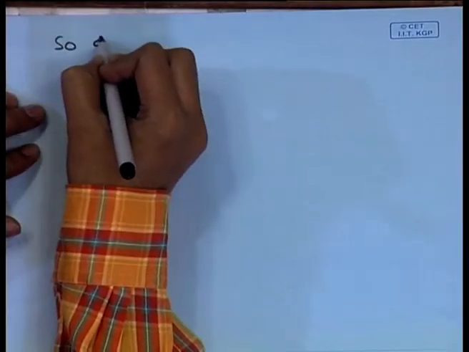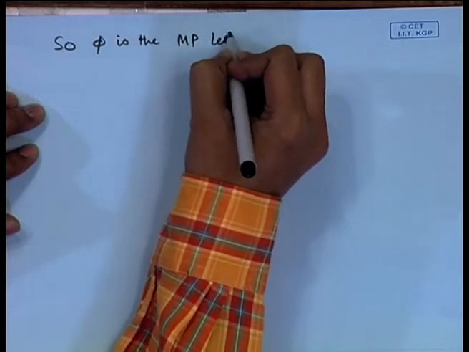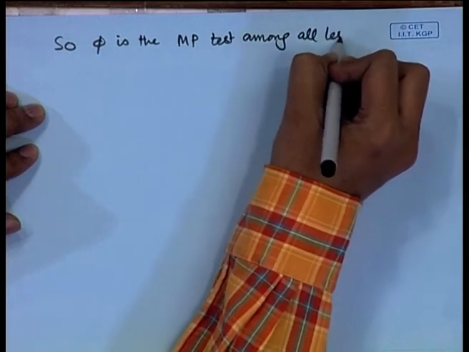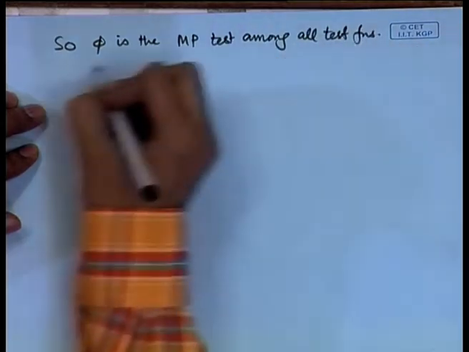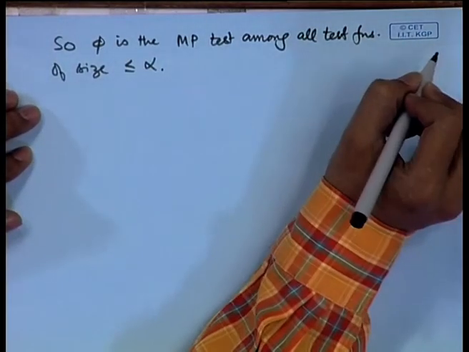That means, among all the test functions which have size less than or equal to alpha, the power of phi is the maximum. That means, phi is the most powerful test. So, phi is the most powerful test among all test functions of size less than or equal to alpha.